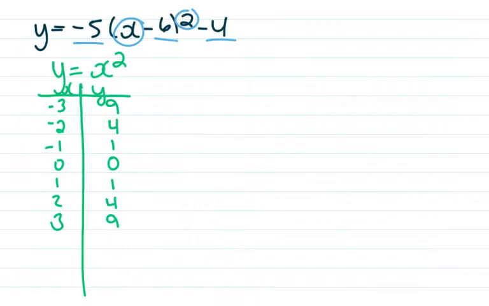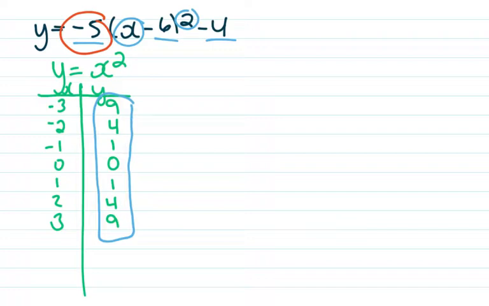All right. Then the next thing we're going to do is the a value. So the a value is -5. So that will change all of our y values by multiplying each one times -5.